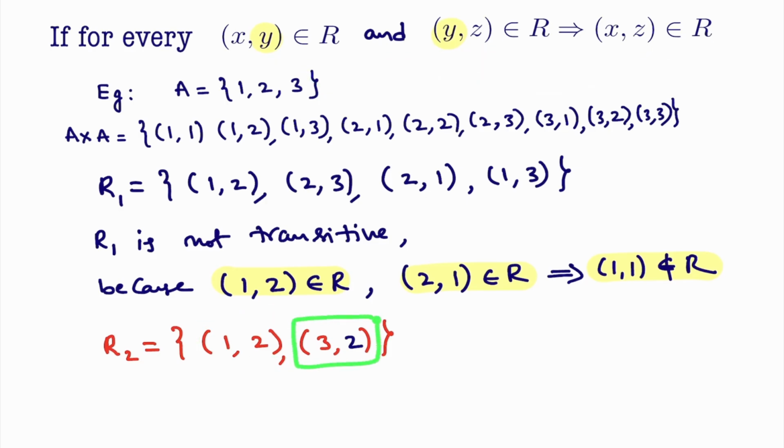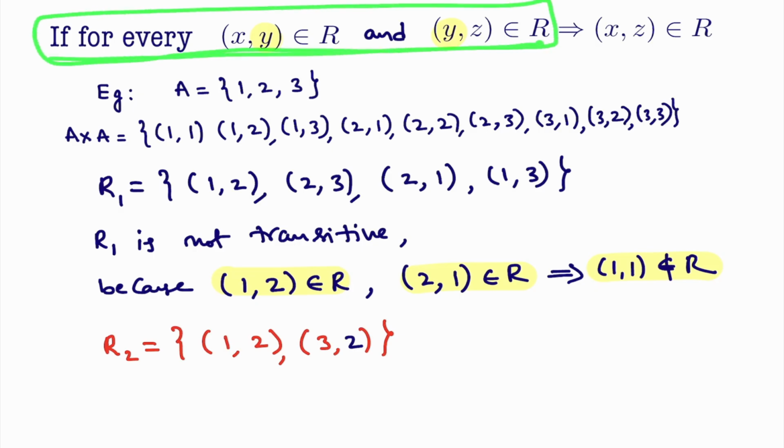Now you observe this (3,2). This ends with 2. Is there any other ordered pair, other than this, which starts with 2? No. In that case, what do we say? This satisfies the transitive property. I hope you are understanding. If there exist (x,y) and (y,z) in the relation, then only we look for (x,z).